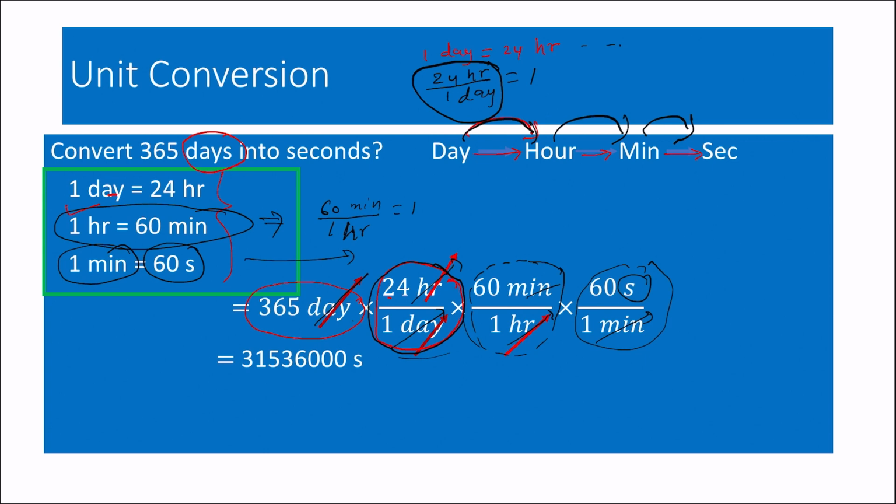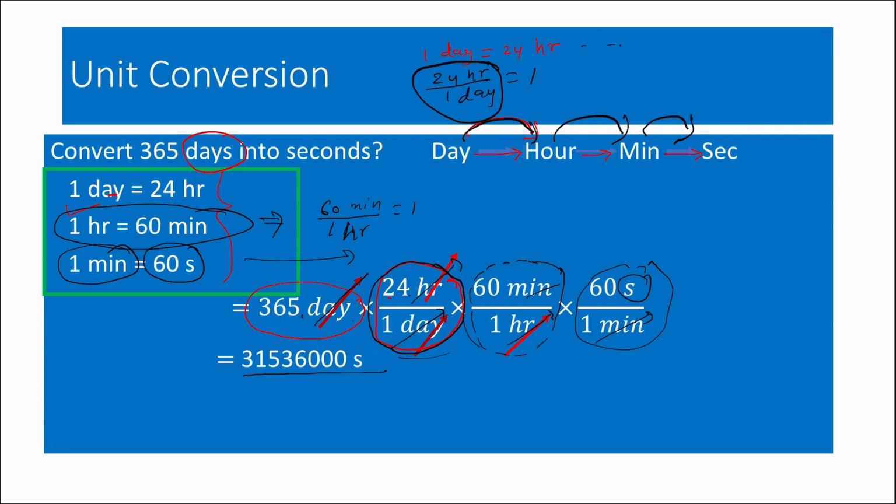Then if you multiply 365 by 24, multiply with 60, multiply with 60, it gives 31,536,000 seconds. So that's how you need to convert units.